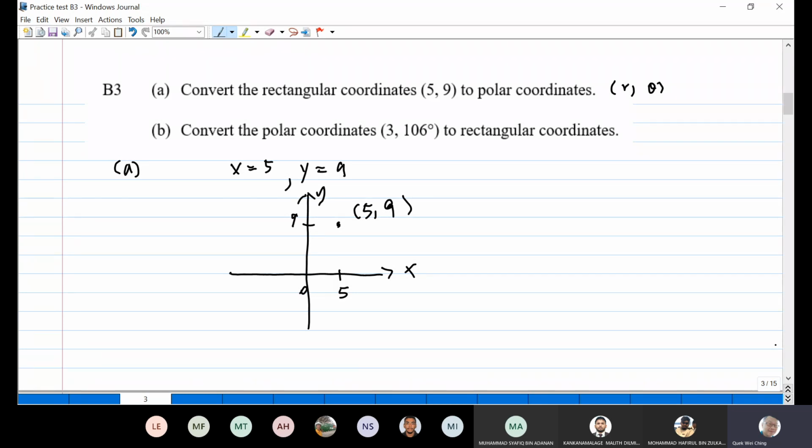So what is r now? r is the distance from the origin to the point you're looking for. The formula for r is the square root of x squared plus y squared.